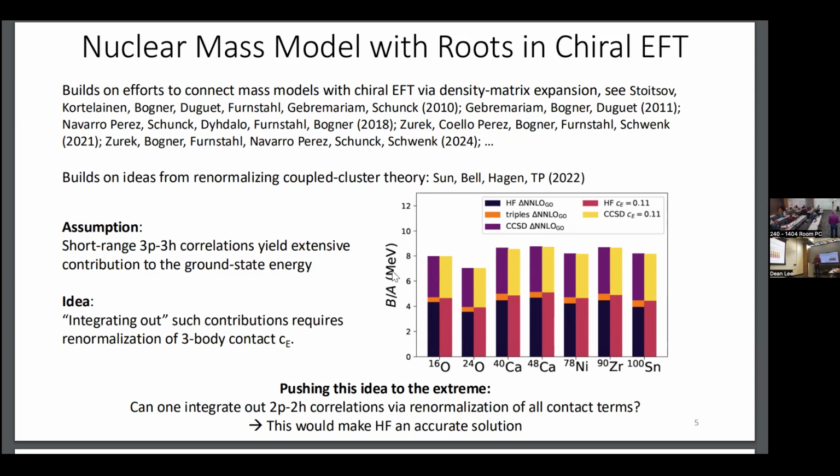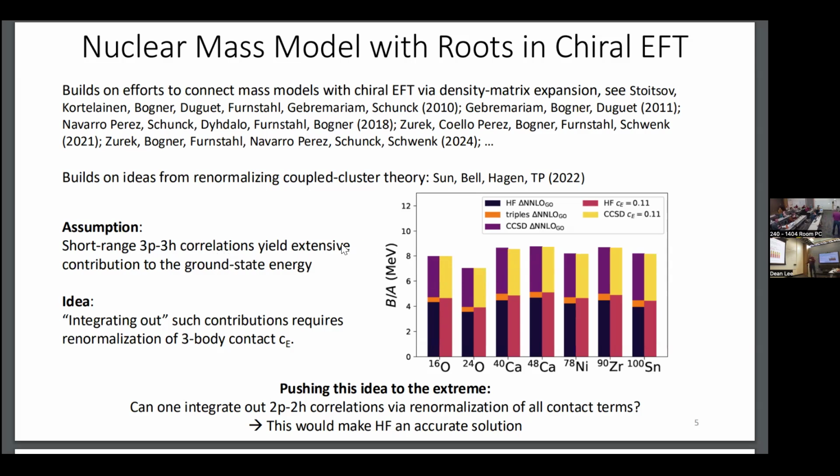Now we renormalized this 3-body contact just in oxygen 16, demanding that CCSD gives the same result as the full triples calculation. Most of it has been shifted into Hartree-Fock. Then we can compute other nuclei, and the budget is always very similar. You can integrate out triples by renormalizing the 3-body contact.